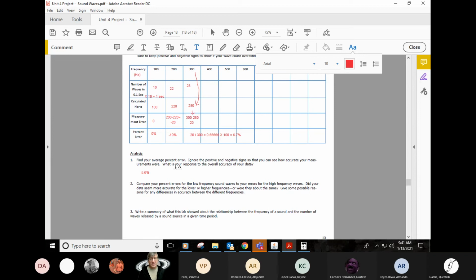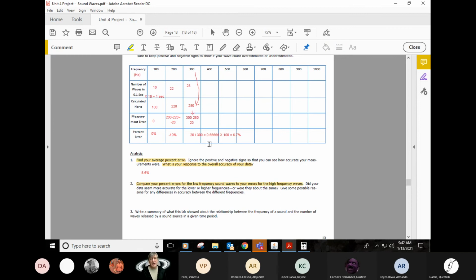Okay? Notice that this question has 2 parts. First, you find your average percent error, then you respond to that. What do you think about that? Okay. Question 2, compare your percent errors for low versus high frequency.